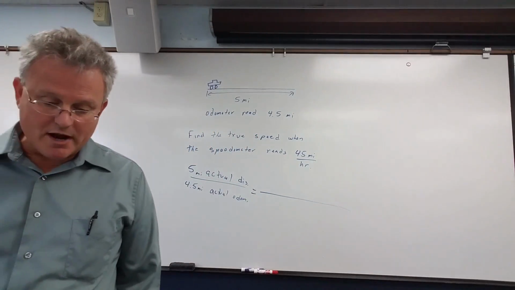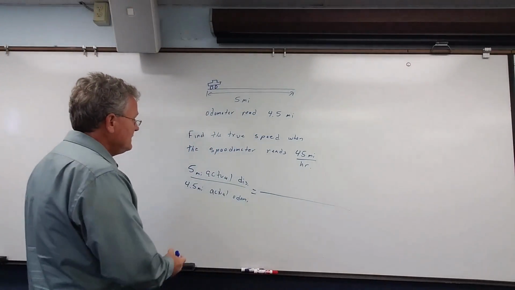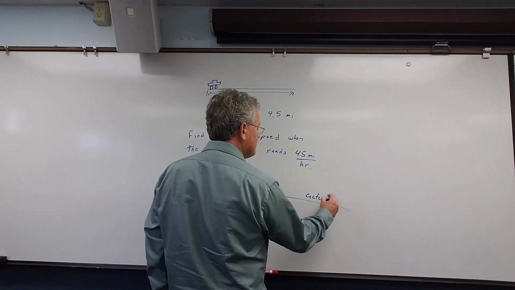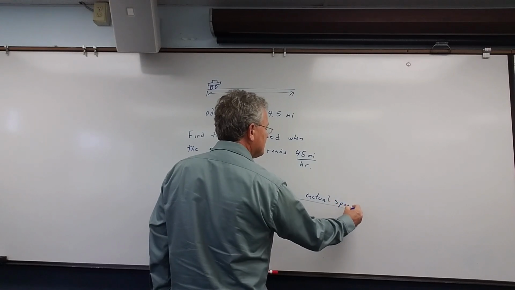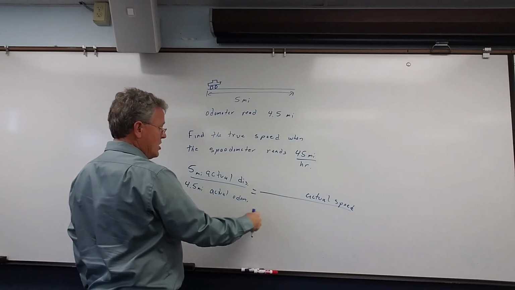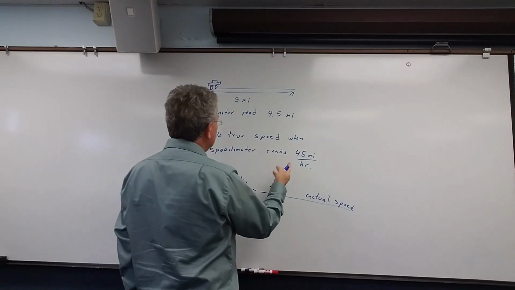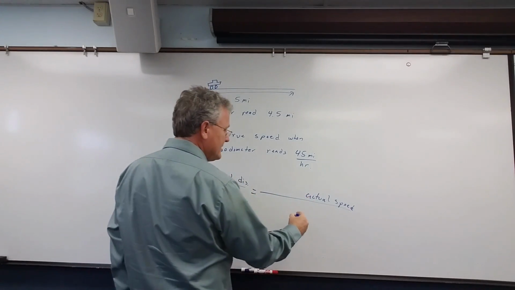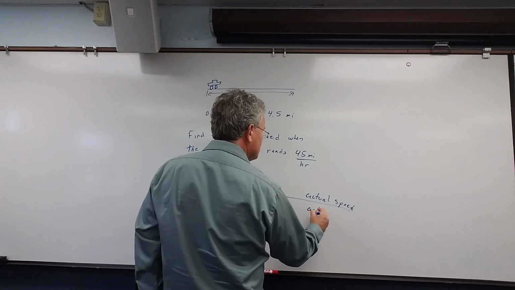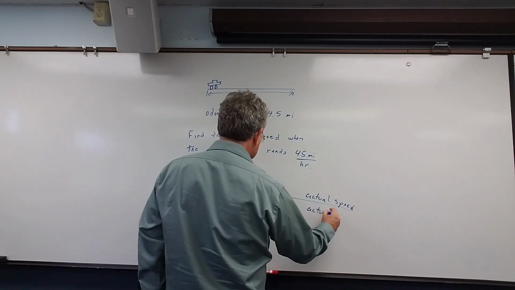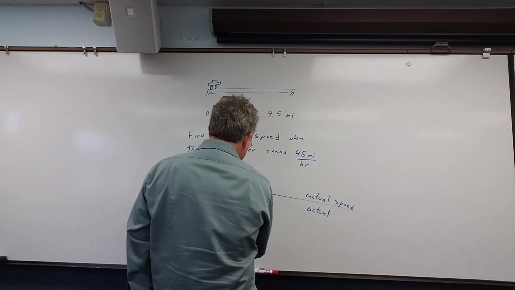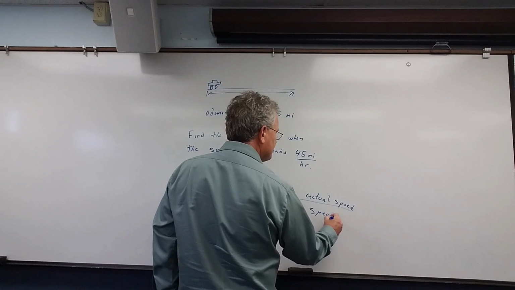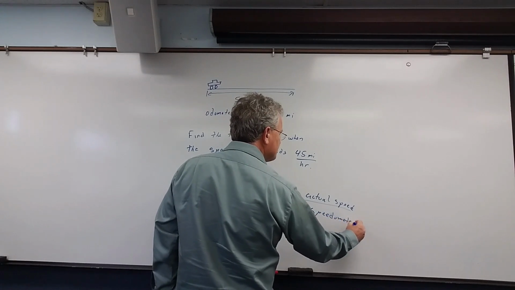Okay, so now what we want to do is keep it consistent with the actual speed. In reality, what is it over the speedometer?